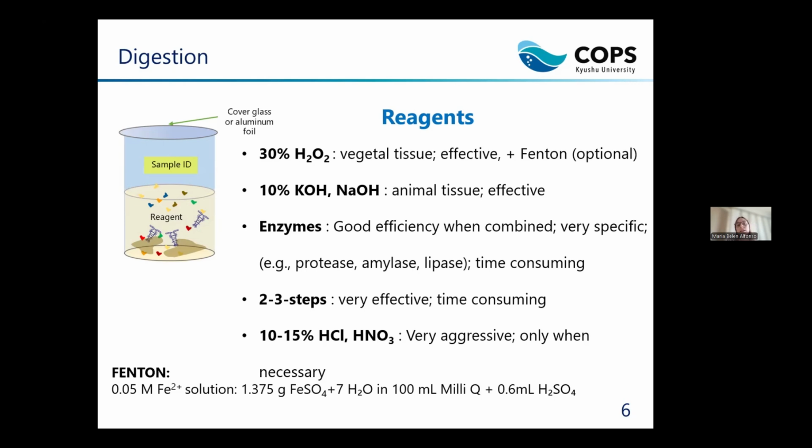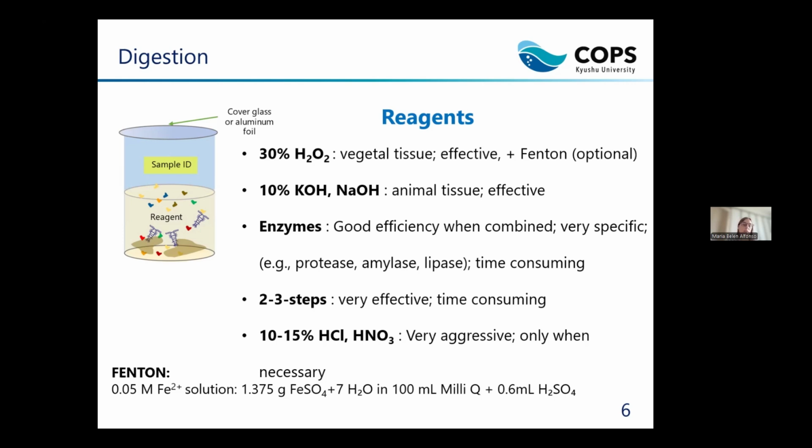This is very effective for animal tissue, and the digestion has good results as well, same as wet peroxidation. It's one of the most used in the papers nowadays, usually at 10%. In the case of enzymes, they have very good efficiency when combined, and they are very specific.